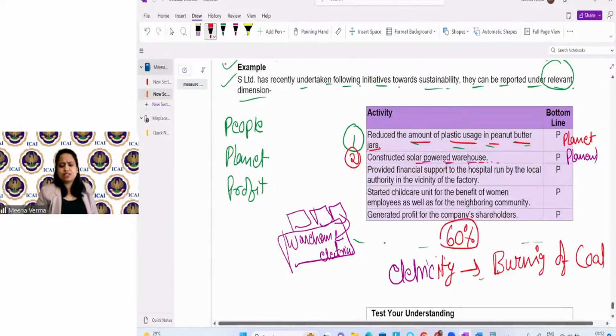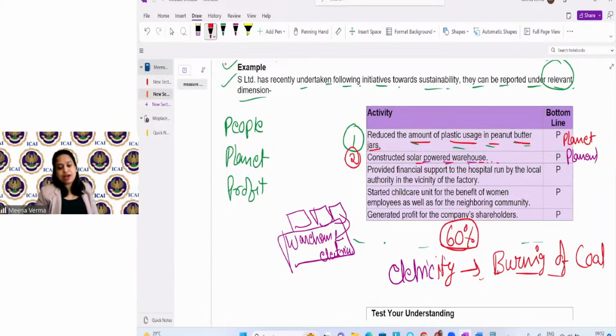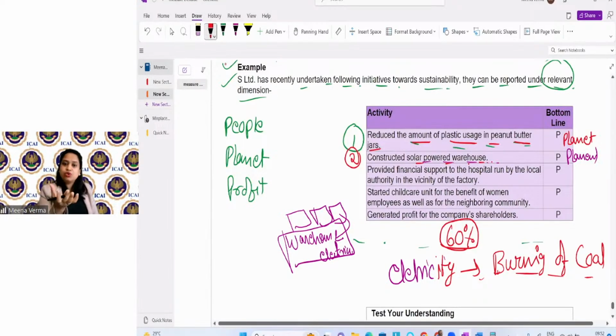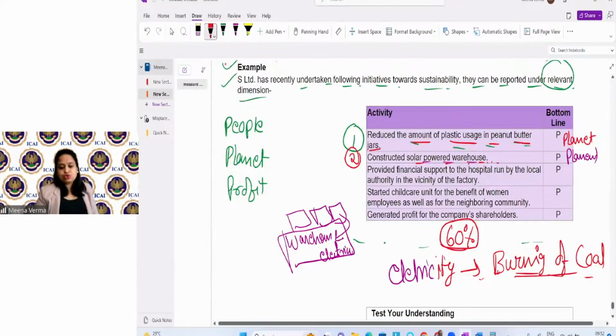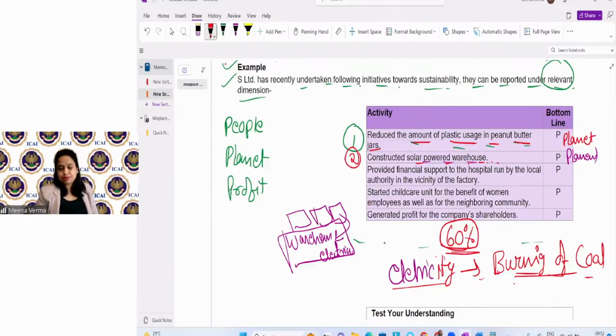More than 60% of electricity we generate by burning coal. First, we burn the coal, steam generates, steam will run the turbine, turbine will generate the electricity. Most of the electricity in India is generated by burning coal.